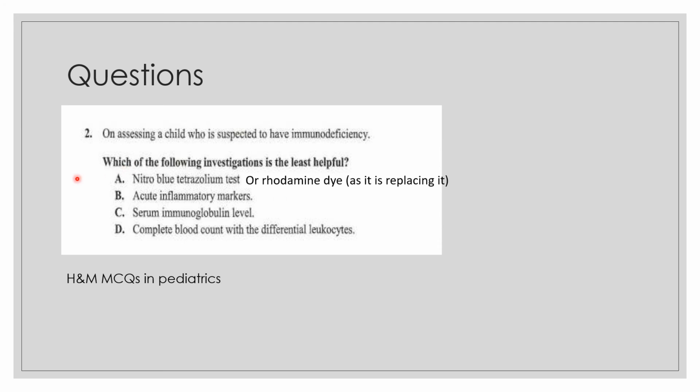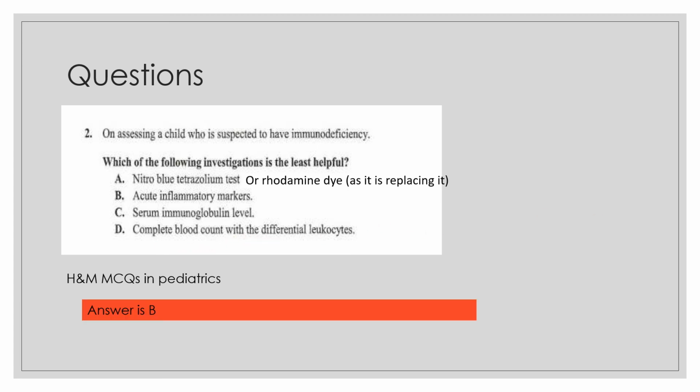Okay, so we will consider as if they updated the book with this substitute. The second, acute inflammatory markers, serum immunoglobulin level, complete blood count with the differential leukocytes. The answer is B, acute inflammatory markers. It is the least helpful in screening for immune deficiency.